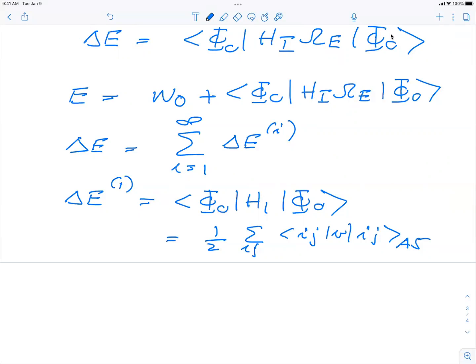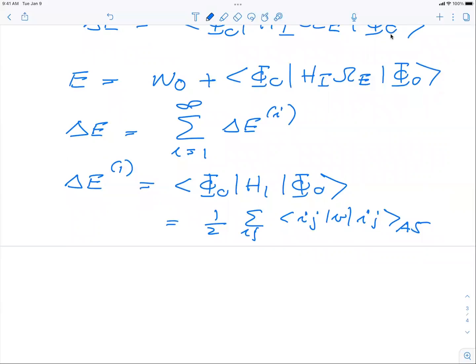And if you look a little bit carefully at what we have, you can see that our old reference energy, which we defined for FCI, is actually given by this omega 0, which could be a Hartree-Fock basis or just a plain orthogonal basis, plus this delta E to first order in the interaction.